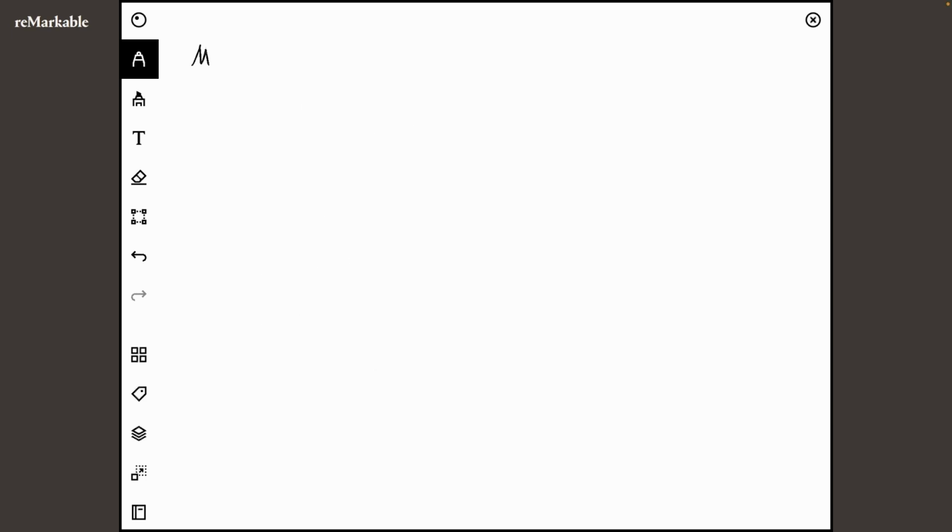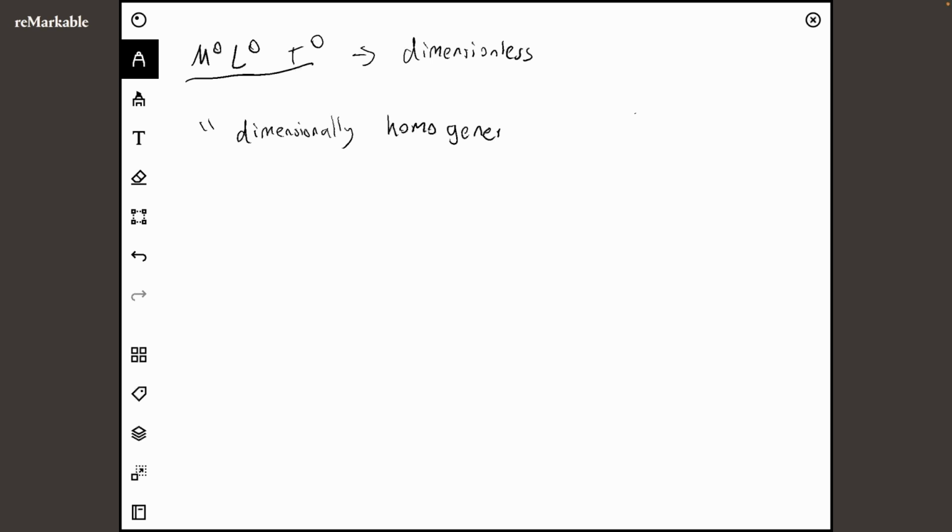Now, we call a quantity with dimensions M0, L0, T0 dimensionless. Or in other words, we can say an equation that is true regardless of the units is called dimensionally homogeneous.